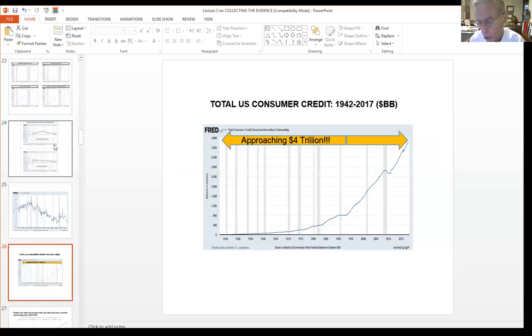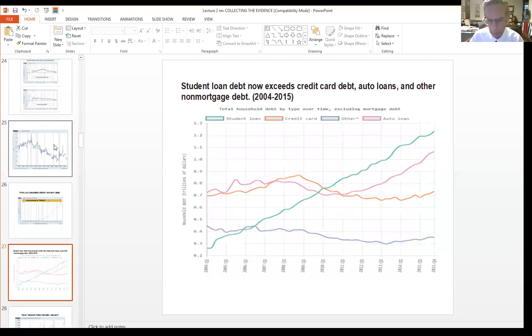Now consumer debt is up and away, and by the end of this year, it'll be at $4 trillion. That's a lot of money, folks. That's 20% of the GDP. That's a lot of money. And it didn't used to be anything nearly as large as that, did it? Here are some of the sources of consumer debt. And this should fascinate you.